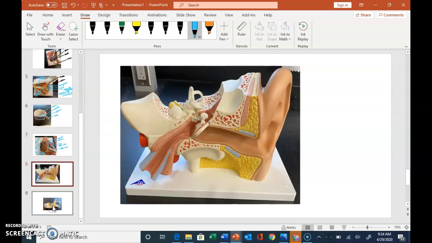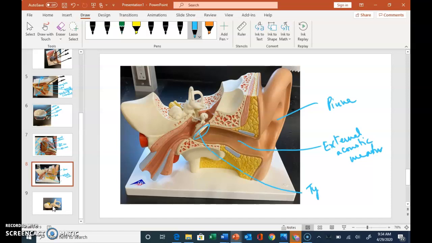Moving on to the ear. So looking at the ear, sorry about that. Looking at the ear, this is the pinna. This is the external acoustic meatus or external auditory canal, the same thing. Then do you see this thingy? This is the tympanic membrane.